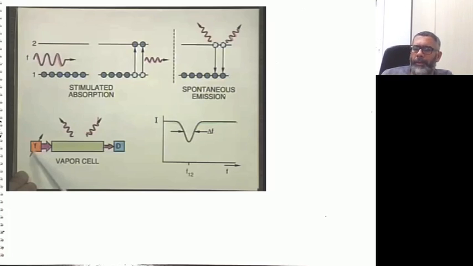So by following this principle, the atoms will not survive in the excited level, and they will drop their electrons to the lower energy. What happens when the electrons drop to lower energy?